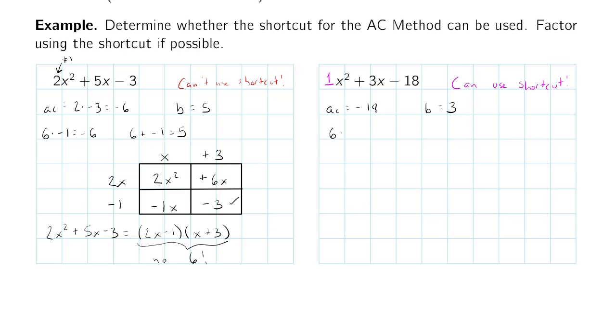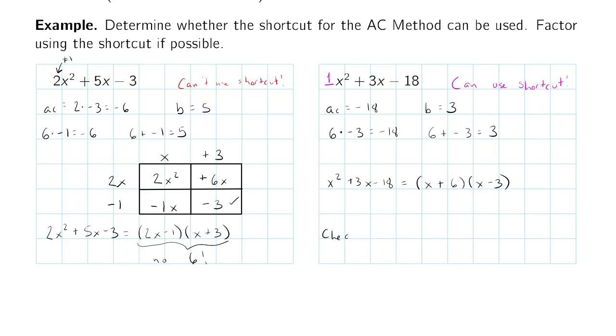That'll be 6 times negative 3 is negative 18, and 6 plus negative 3 is positive 3. There are my two numbers. Because the leading coefficient is 1, those are the two numbers that are going to show up in my factors. So my polynomial actually factors as x plus 6 times x minus 3.